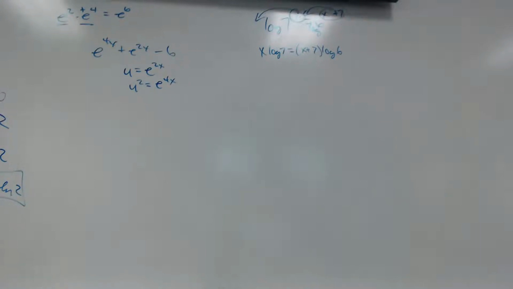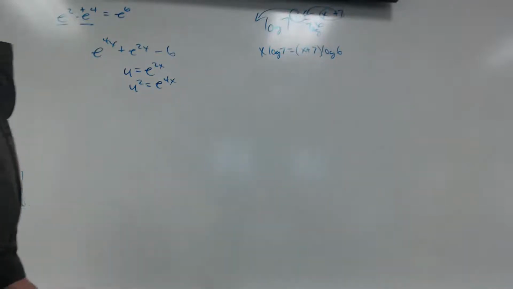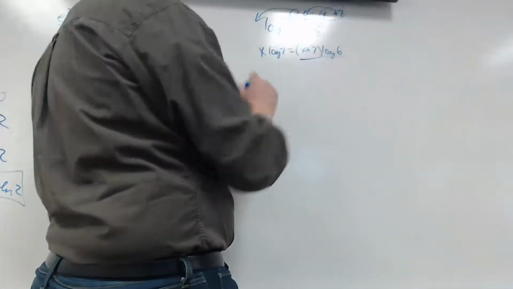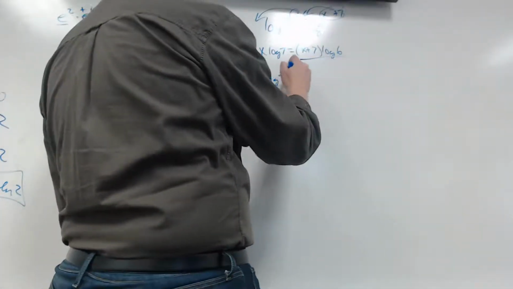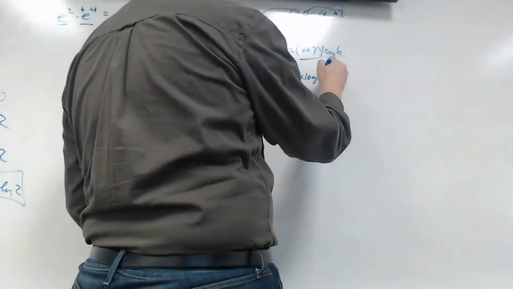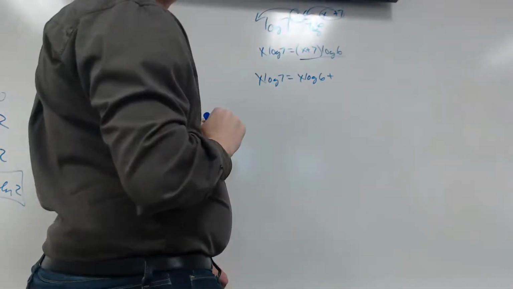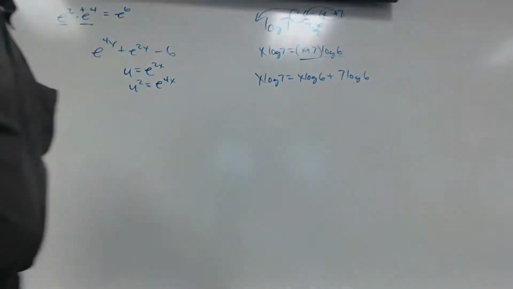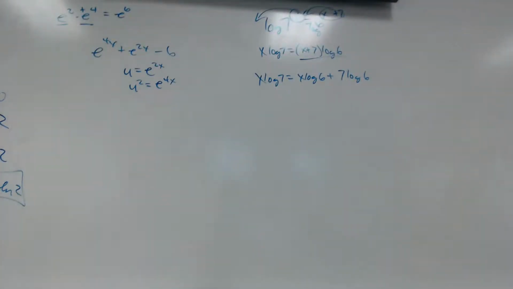Rory, what would the good mathematician do? x log 6 plus, you distribute that, right? So x log 7 equals x log 6 plus 7 log 6. Okay? And then what? Divide by log 7? No, I wouldn't do that.